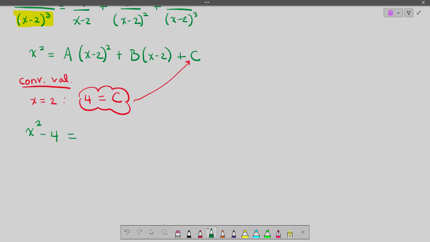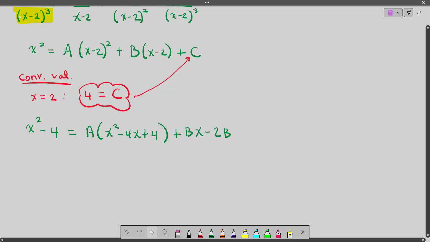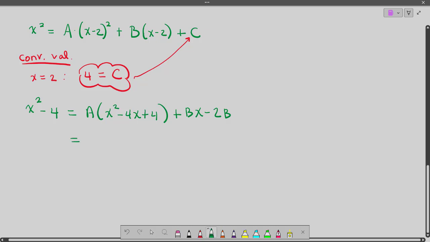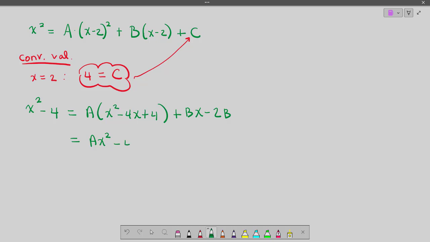The c is now known, so we're going to move it to the left. And we're going to multiply out everything that's left on the right. It's going to take 1 minute. Just multiply everything out. So the traditional method, this is what we need to do, multiply it all out.